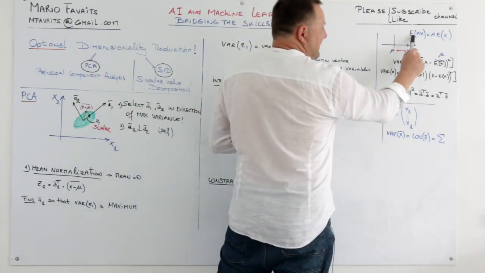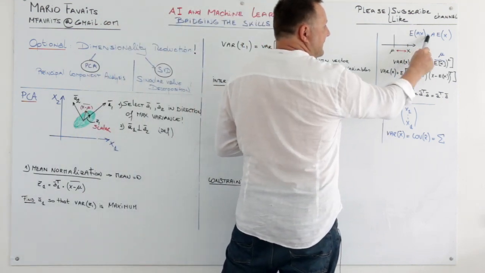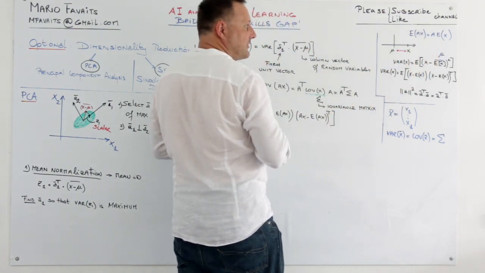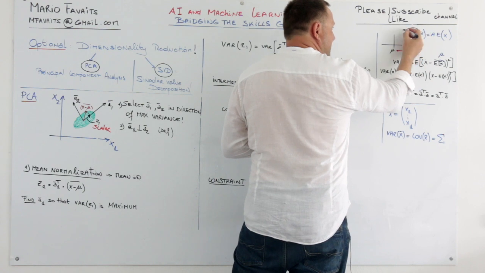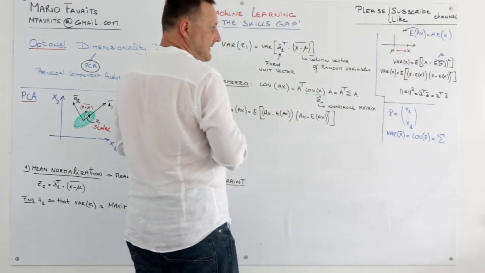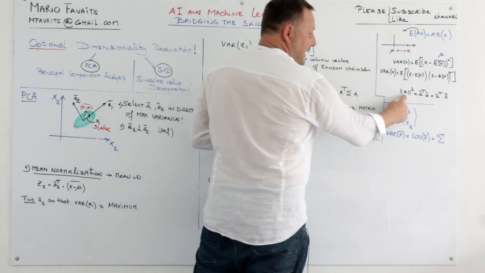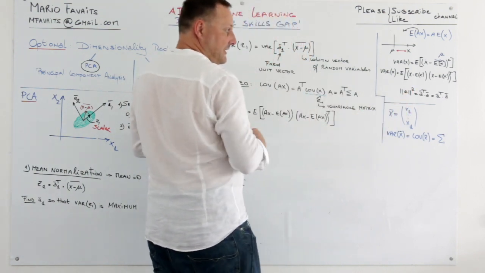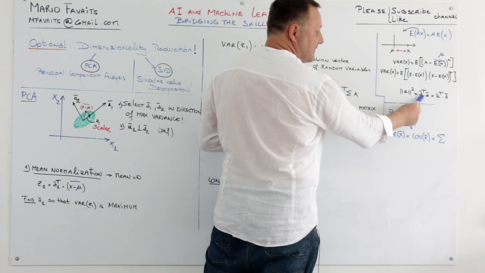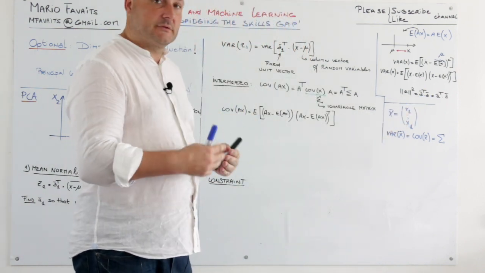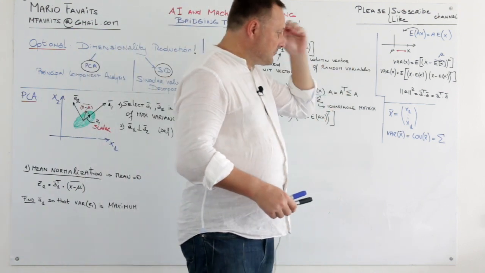We also know that the expected value of ax equals a times the expected value of x. This is also something we're gonna need, so we are able to bring this a to the front. And also what we're gonna need is that the square of the norm of a vector is the same as the vector dot product with its transpose, or the other way around. These are things we need to remember.